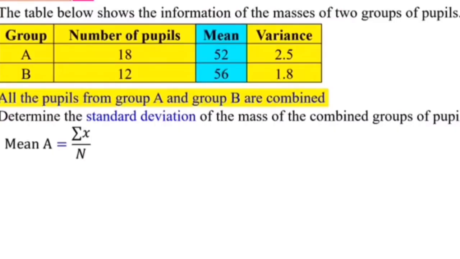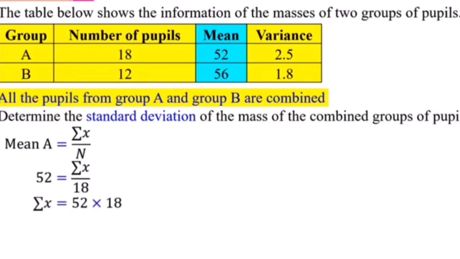Given the mean 52 equals summation of data divided by 18, where 18 is the number of students. So the sum of data is 52 times 18, which is 936.